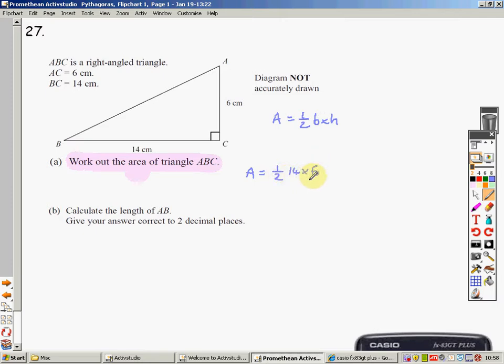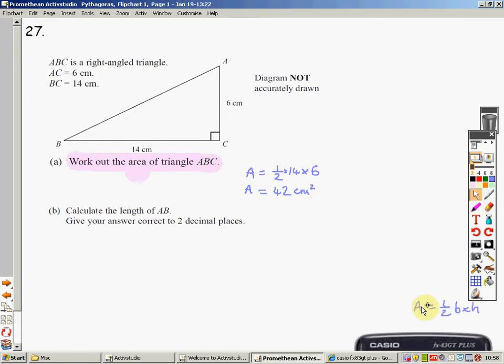It doesn't actually matter what order we do that operation in, because they're all multiplications. So a quick way is to say half of 14 is 7, 7 times 6 equals 42. So the area is 42. Don't forget to write centimeters squared. Make sure you get both marks there. Okay, that's question 1 done.